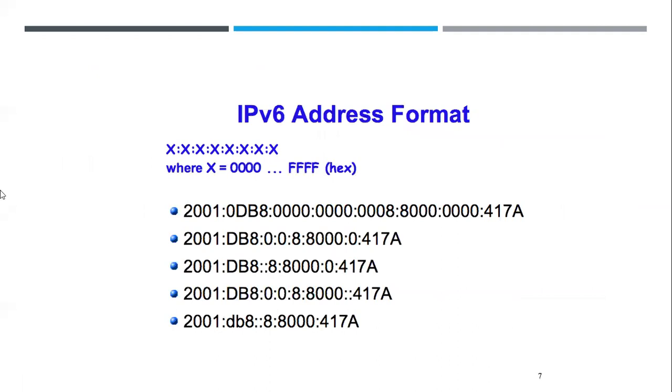Now, this is the image, the IPv6 address format. So you'll find that we have something like 2001:0DB8:0000:0000:0000. This is how it is.